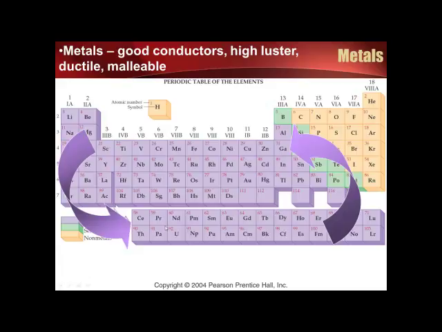Now, the way to help you tell metals from nonmetals is that stair step on your periodic table. You'll notice you've got this stair step going down your periodic table, and that's what helps you tell the metals from the semi-metals. Okay, so your metals are everything to the left of that stair step with the exception of hydrogen. So again, watch out for hydrogen.